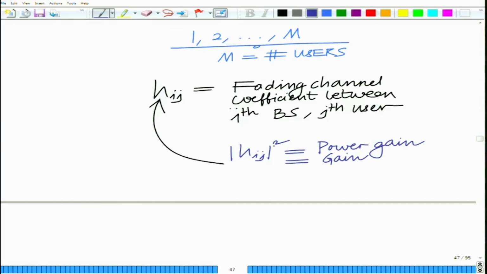The power gain is magnitude Hij square, which means if magnitude Hij square is strong, then the received signal at user j corresponding to the signal transmitted by base station i is going to be strong. But if this channel is in a deep fade, which means there is a lot of interference in the channel, and as a result magnitude Hij square is very low, then the power received by user j corresponding to the signal transmitted by base station i is going to be very low, and that can be attributed to the fading.